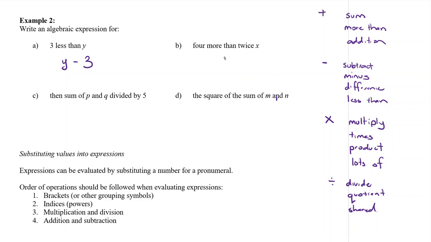Okay, so I'm going to have 2x, and it says 4 more than twice x. Plus 4. This one, because it's a plus, it doesn't matter which one goes first. This one it matters. But this doesn't matter if you're 2x plus 4 or 4 plus 2x. That is the same thing.